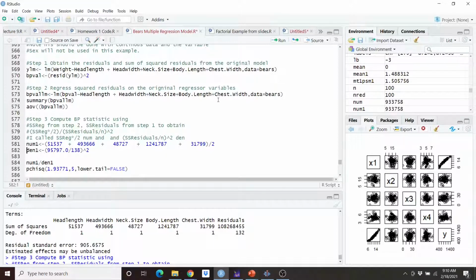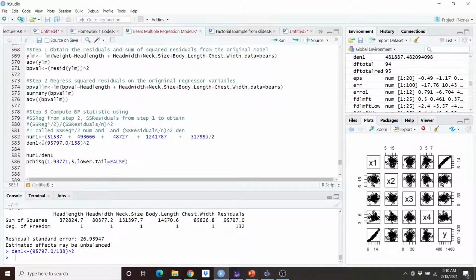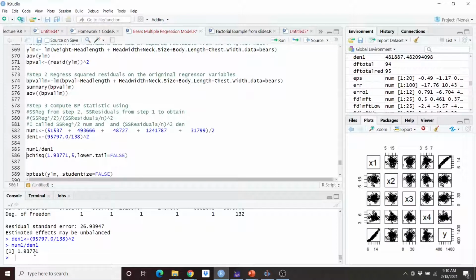If we look at sum squared residuals from my original model, we'll see we get 95797. Now, again, divided by n, well, there are 138 observations in this data set, and notice that this is squared. And so to calculate my Breusch-Pagan value, I simply need to take num1 over denominator 1, and I get 1.93771.